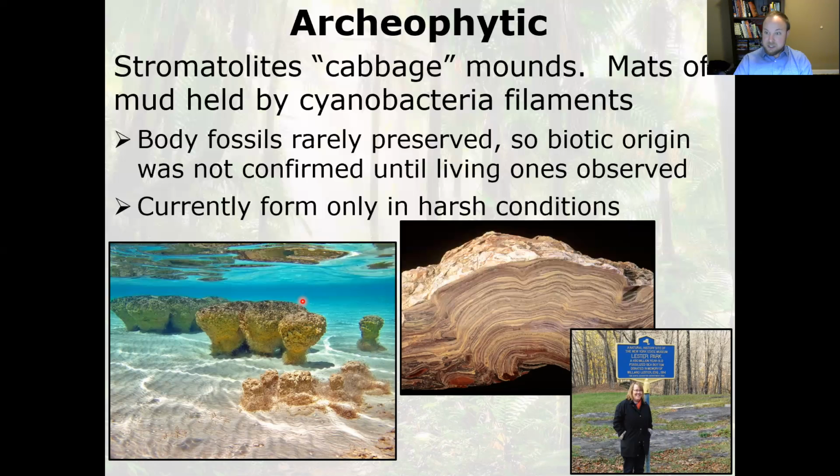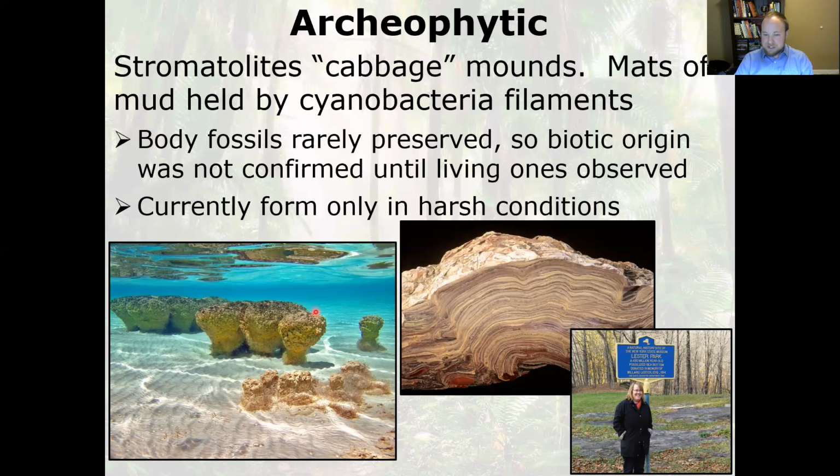And so as soon as animals were able to predate on them, they were pushed to the edge of extinction. They're currently only found in areas where complex animals can't exist, whether it's because they're hypersaline, as in the case of Shark Bay, or just really strong currents where the animals can't stay.